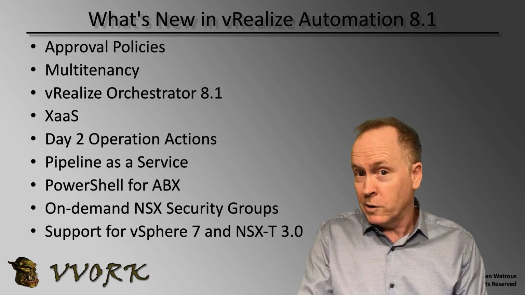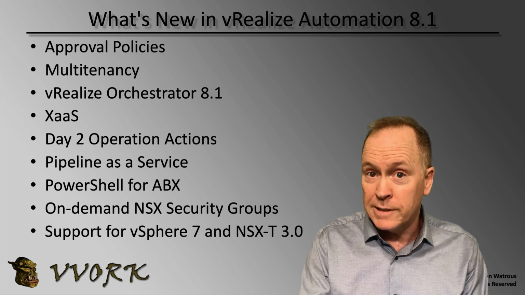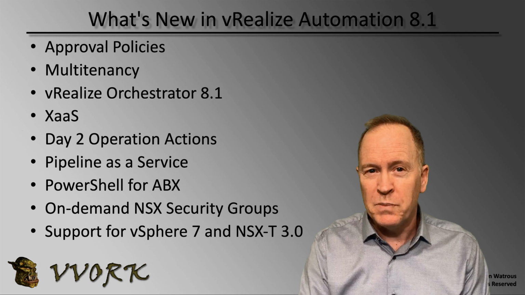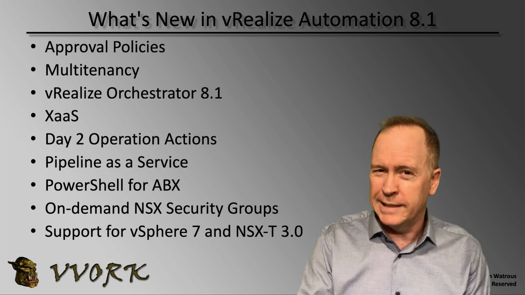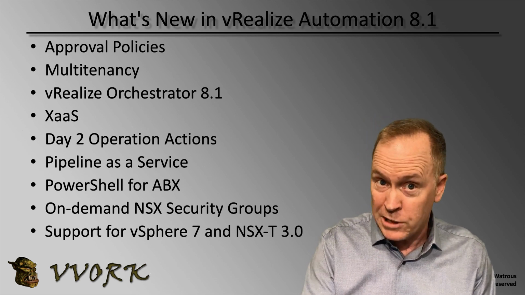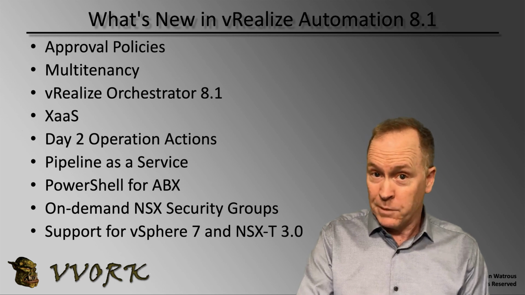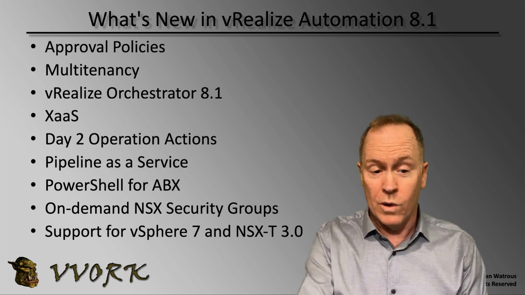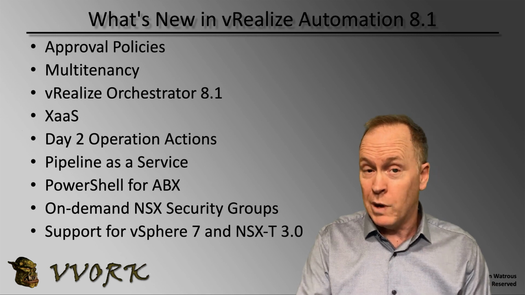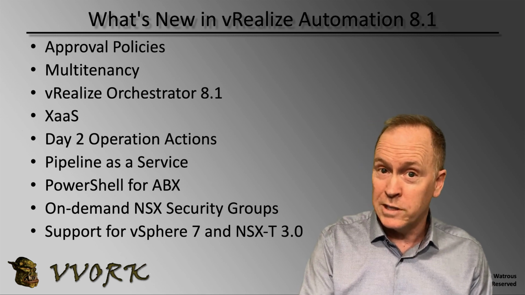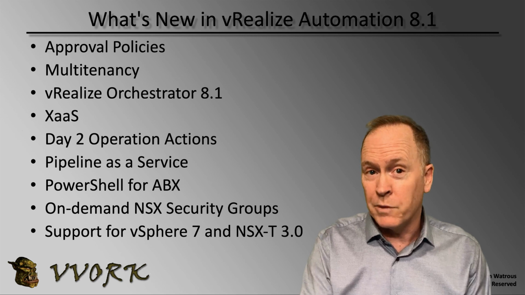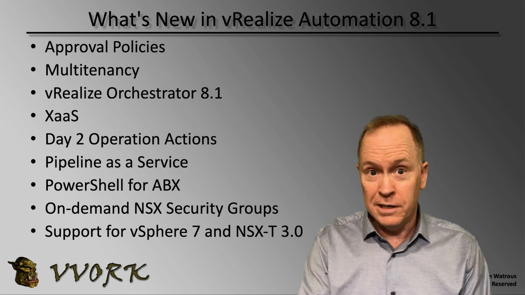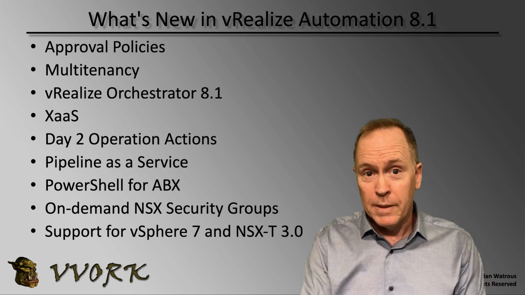But with this new feature, you're able to create your own custom day 2 operations. Those operations can be performed on virtual machines or cloud machines, or if you've been creating new objects with your XaaS blueprints, you can even create day 2 operation actions for the objects that your XaaS blueprints are creating.